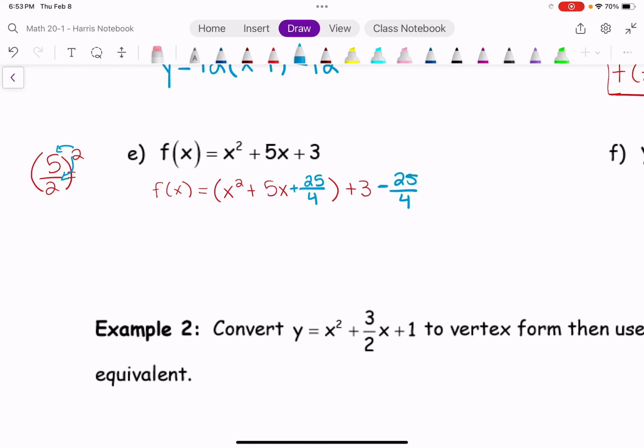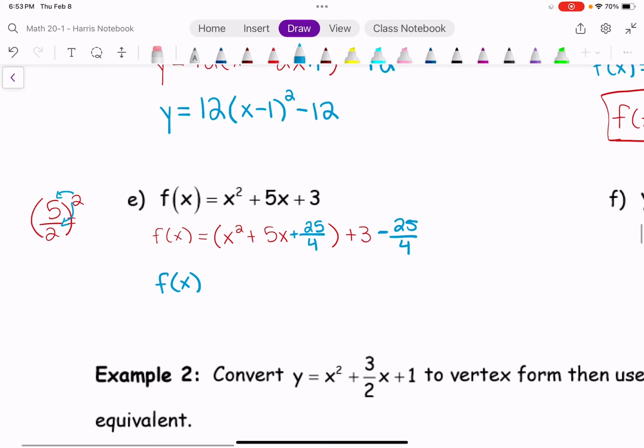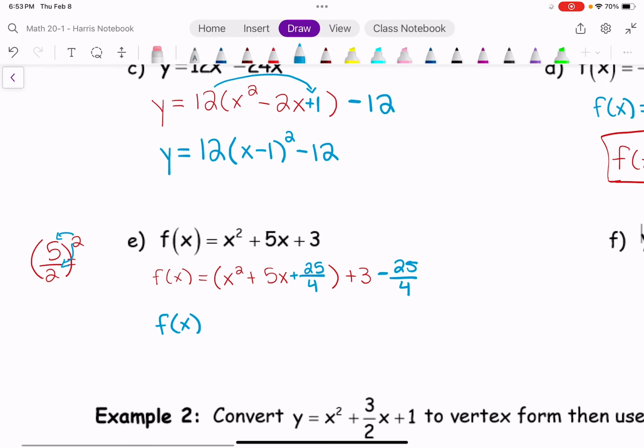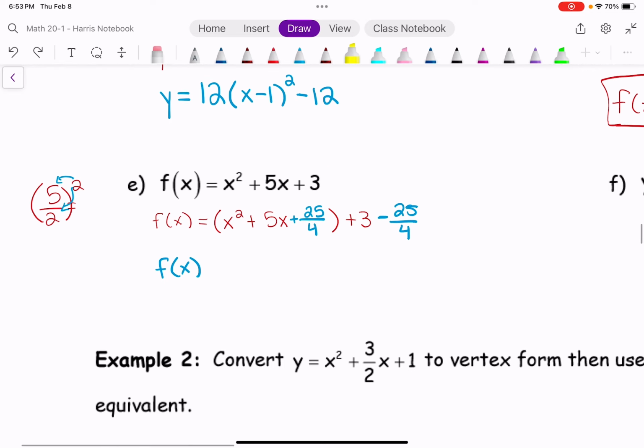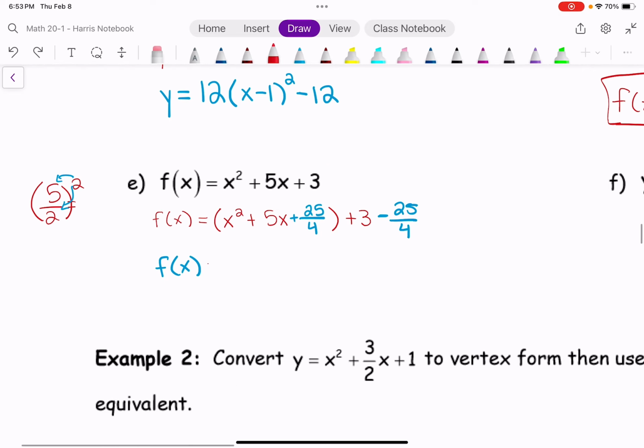Okay, so I'm going to keep in with what I was doing the whole time. So f of x is equal to my perfect trinomial. If I was doing this question up here, I was thinking, well, what's negative 2 divided by 2? Well, that's negative 1. That's going to make my perfect trinomial. So the same thing I'm going to do over here. f of x is equal to, I'm going to have x, 5 divided by 2, that's 5 over 2.